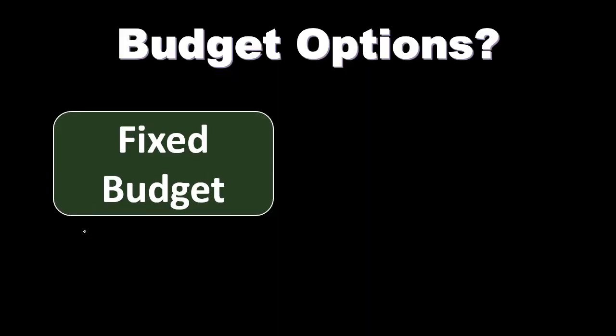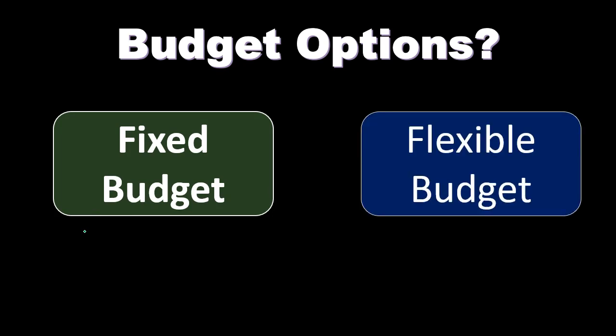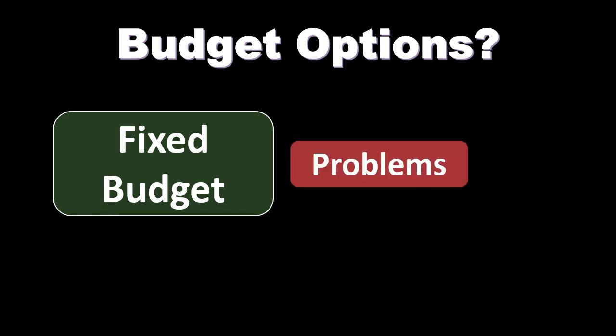And then we have the flexible budget. That's what we're going to concentrate on more here. Before we do so, however, let's take a look at the problems with a fixed budget. What are the issues with a fixed budget? Why might we need some other option, such as a flexible budget?